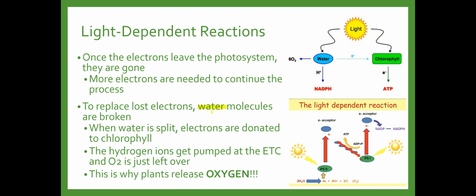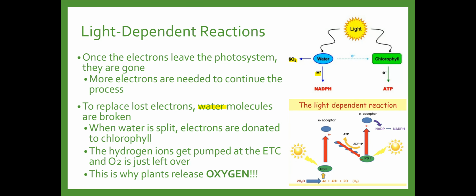Now, at the end of cell respiration, we made water. At the beginning of photosynthesis, we're going to break water. So the water gets broken, and we get some hydrogen ions, we get some electrons that are going with it, and then what happens is oxygen's just left over. When we break down that H2O, the hydrogens and the electrons get moved, the oxygen's just there, okay?